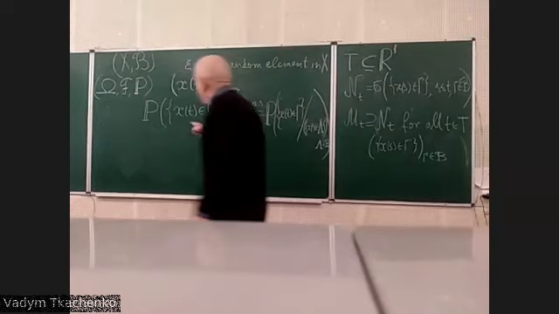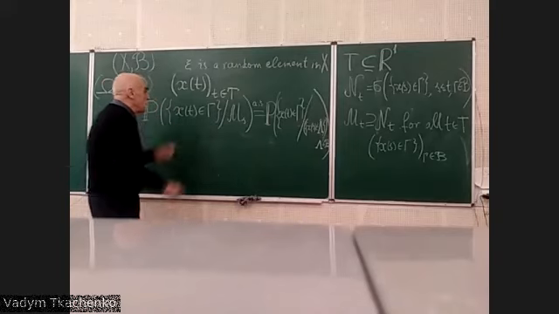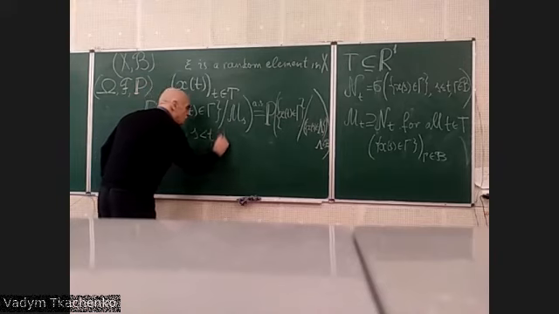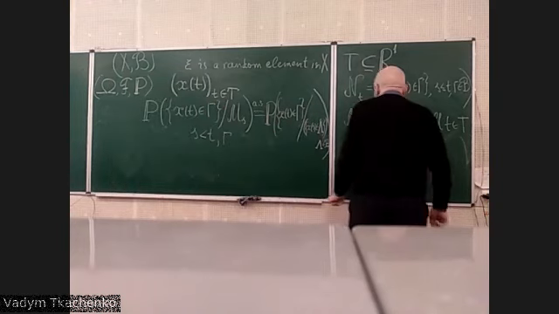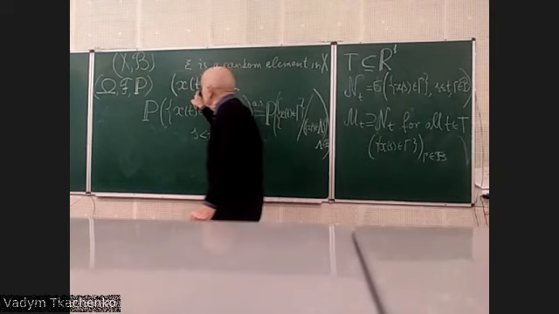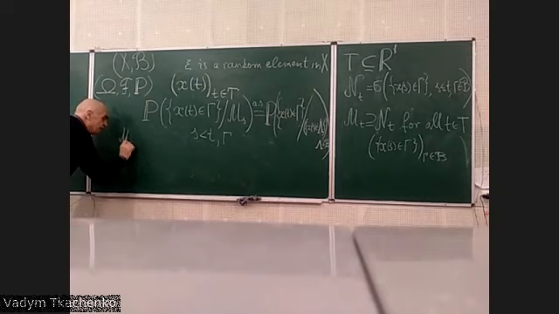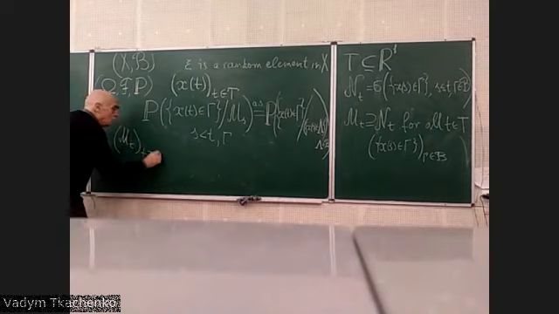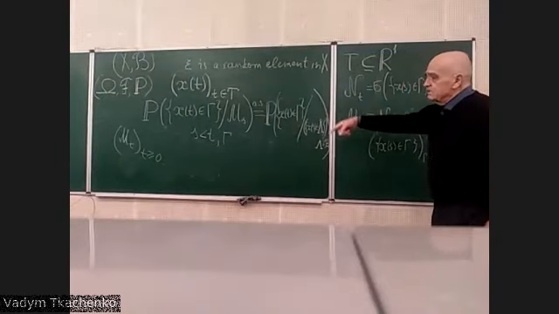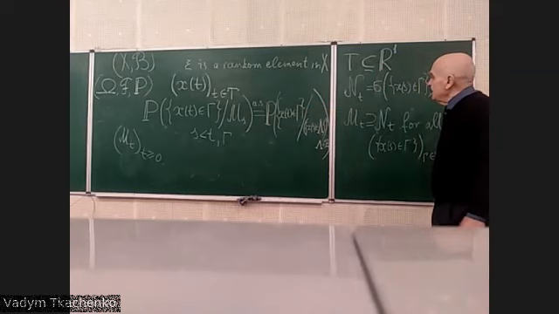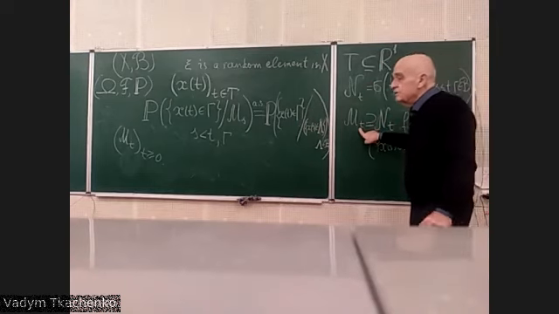If our process possesses this property for all s less than t and for all gamma, such a process is called a Markov process with respect to the history M t. We suppose that our process is adapted to that history. So N t is a part of M t. Okay?